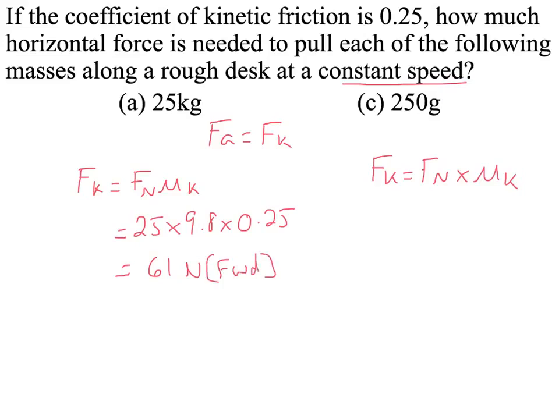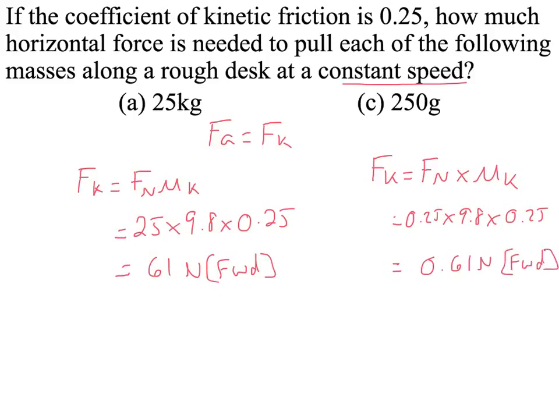And for C, the only thing different is the mass. In this case, it's going to be 0.25 kilograms times 9.8 times a mu of 0.25, and that's going to give us a friction of 0.61 newtons. And this is going to be forward as well.